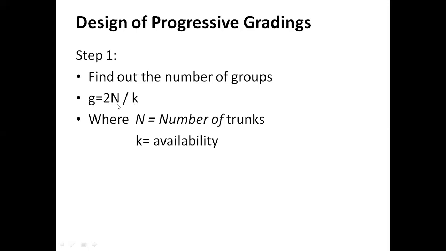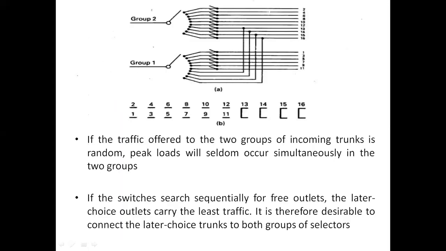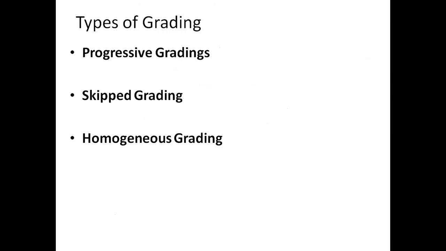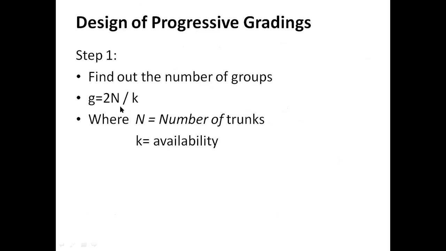Sorry. In this case, capital N becomes the number of incoming trunks. Please make the correction. Capital N is the number of trunks coming into the system, where k is the availability, the number of outlets per switch.